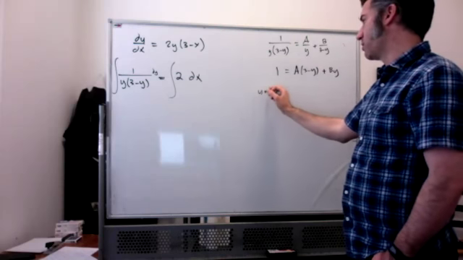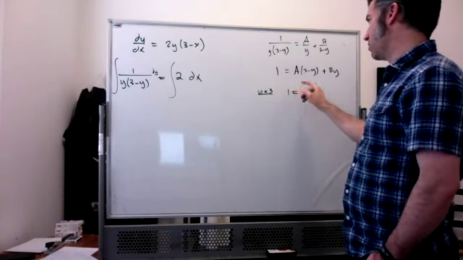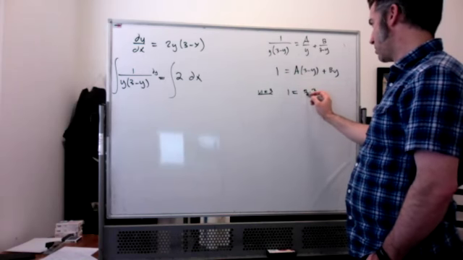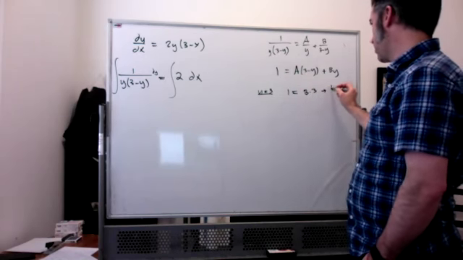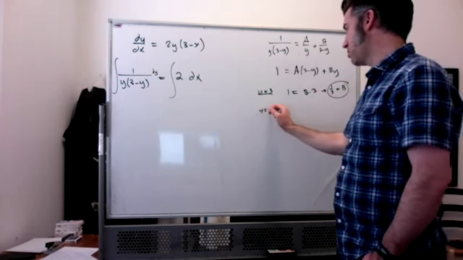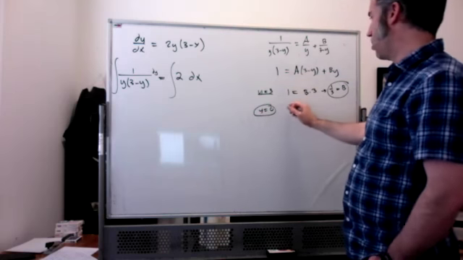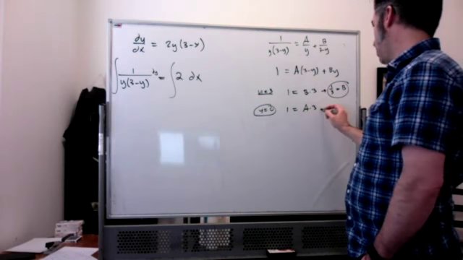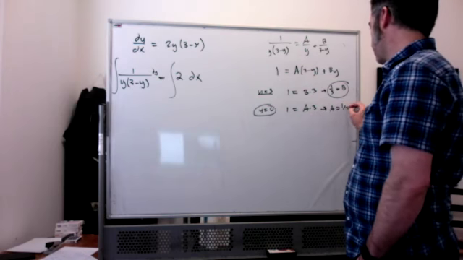Set y equal to 3. You get 1 equal to a times 0 plus b times 3. So b is equal to 1/3. And then for y equal to 0, you get 1 equal to a times 3. So a will also equal 1/3.